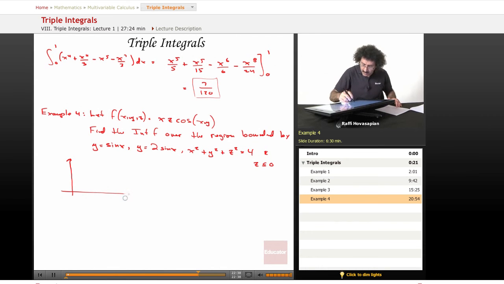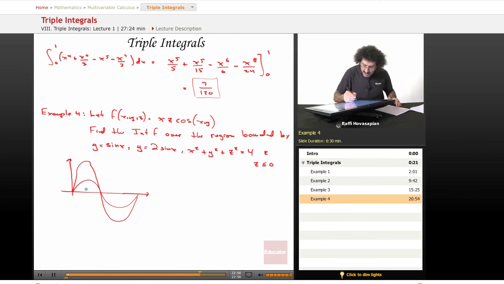We have y equals sine x, so that's going to be that graph right there. y equals 2 sine x, that's going to be that graph right there. Sorry, my hand is a little shaky there, but you know what the graph looks like.